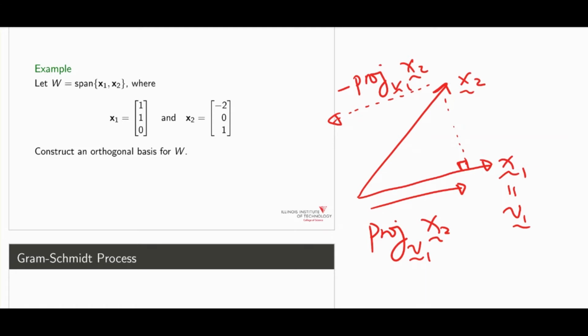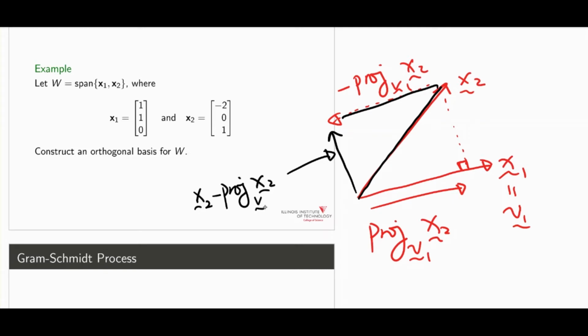If you now look at the sum of this vector and this vector, this will give us this vector. So this vector right here is x2 minus the projection of x2 onto v1.